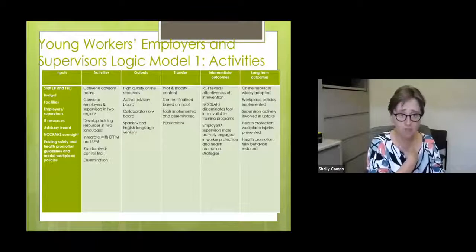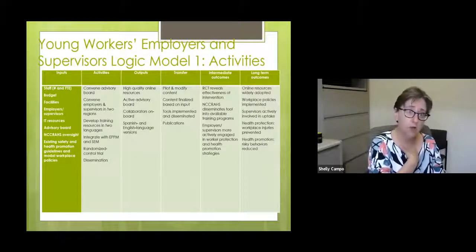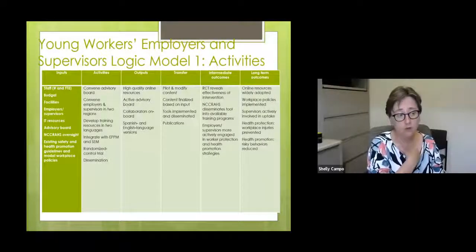So, a project funded by the National Institute for Occupational Safety and Health, and we were interested in protecting young agricultural workers across the nation, and we were directing our project at supervisors and supervisor training.